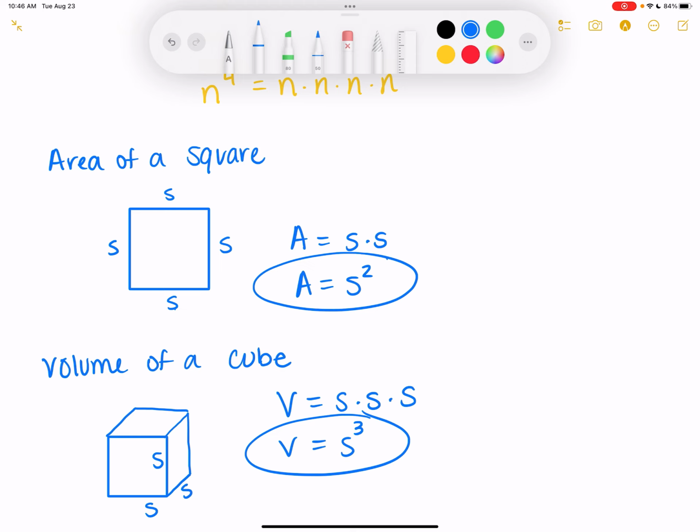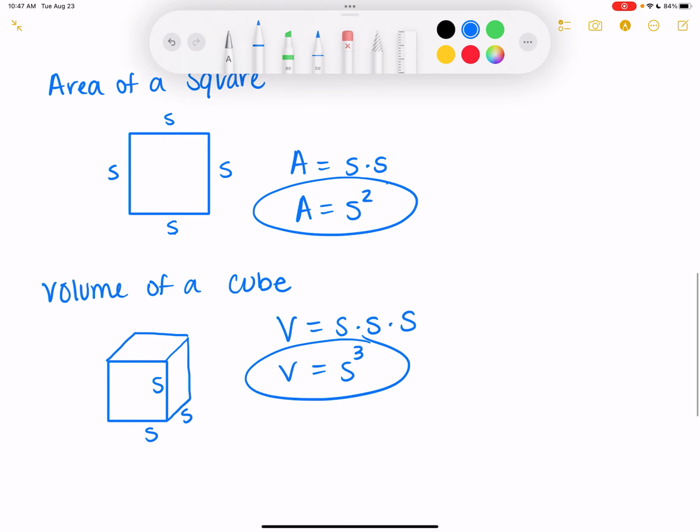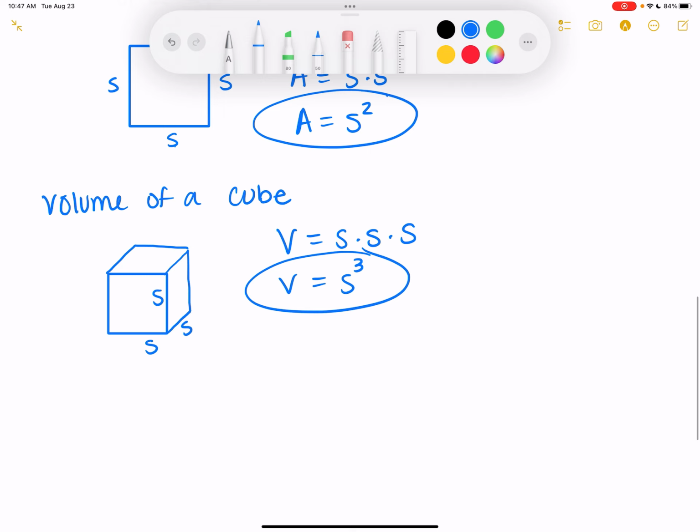All right, so let's start looking at some examples. The first one says to evaluate the expression. Number 4, we have 0.4r when r is equal to 6.